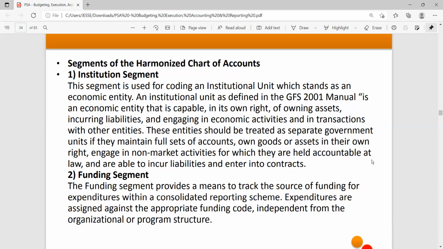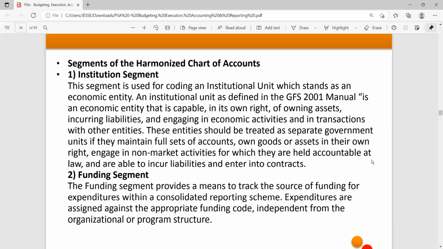An institutional unit, as defined in the GFS 2001 manual, is an economic entity that is capable in its own right of owning assets, incurring liabilities, and engaging in economic activities and in transactions with other entities.